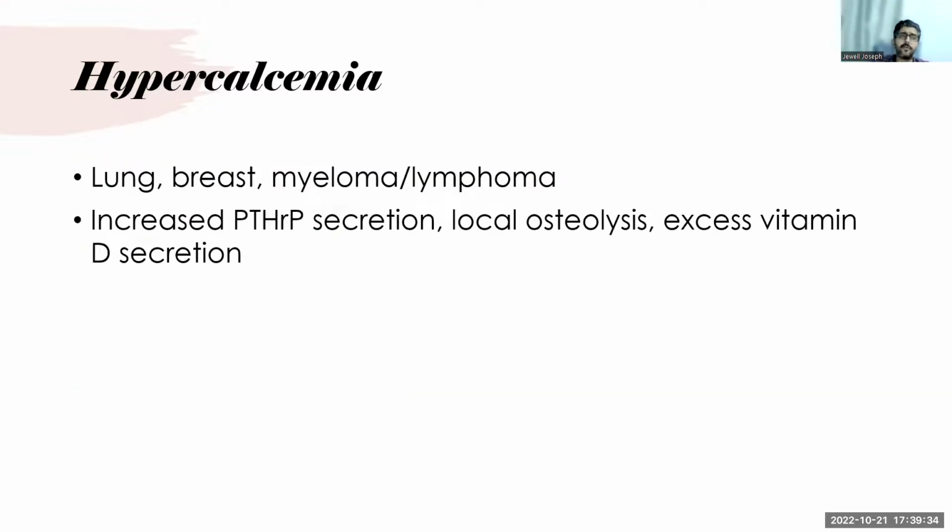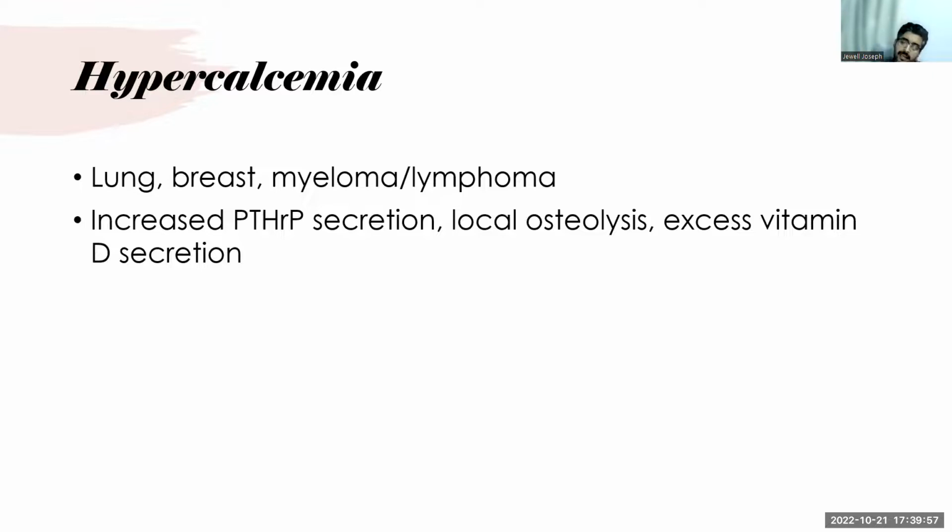Next, we'll briefly go to the metabolic causes as well. First thing to consider is hypercalcemia, one of the most common electrolyte imbalances that we see in palliative care. Lung, breast, myeloma, and lymphoma can cause it. There are many pathophysiological mechanisms postulated: increased parathormone-related peptide secretion, local osteolysis, excess vitamin D secretion.